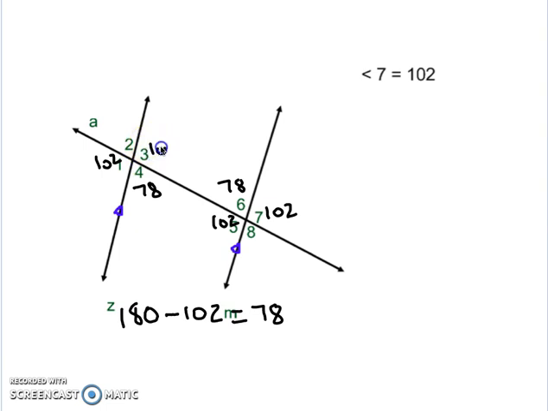So again, that would be 180 minus your 78, and that would give me 102 degrees for that angle. Angle 1, we already know, is 102 degrees. So our same side exterior angle 8, if I go all the way down here, is supplementary. So if angle 1 was 102 degrees, then angle 8 would be 78 degrees.